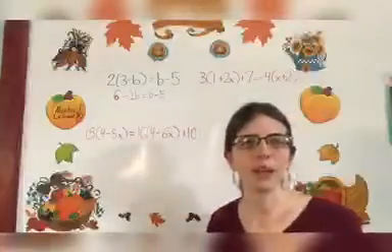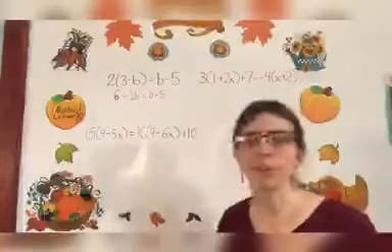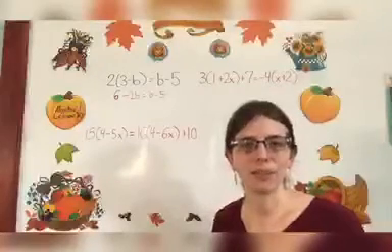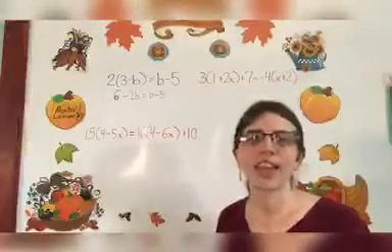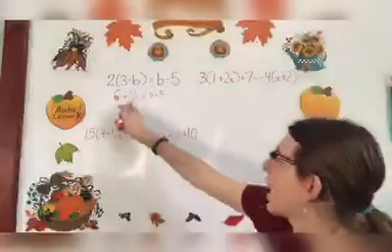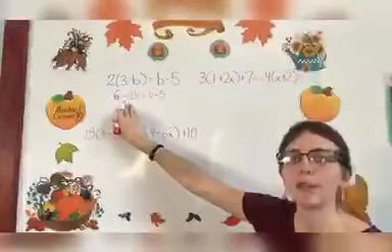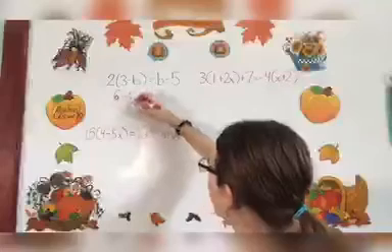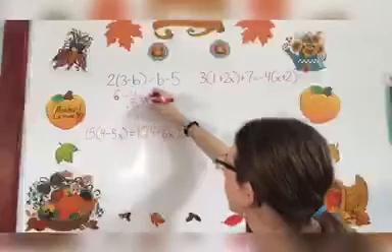Now I solve my equation. So I have variables on both sides of my equation. Remember, that means that I need to simplify as much as possible, then get my variables on one side. So I'm going to go ahead and move my negative 2b because I want to not have any negatives. So I'm going to add 2b to both sides.